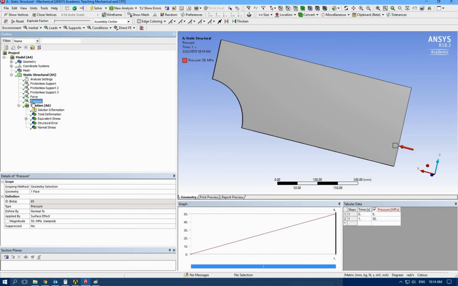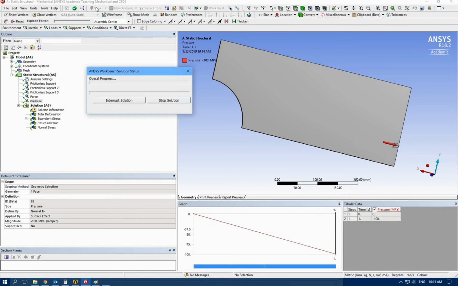Case 1 was 100 megapascal, 100. Okay, let's solve it.